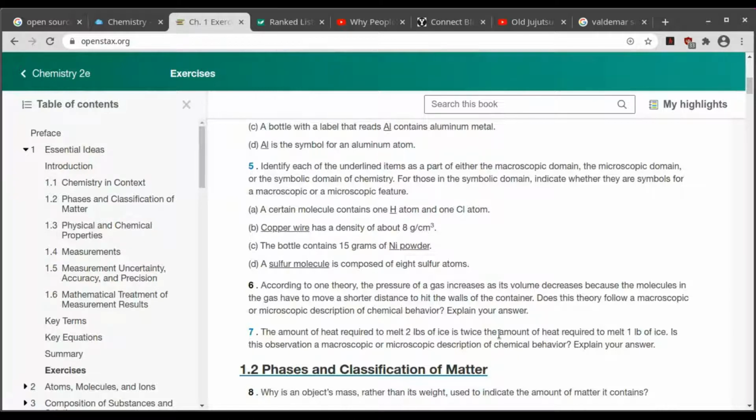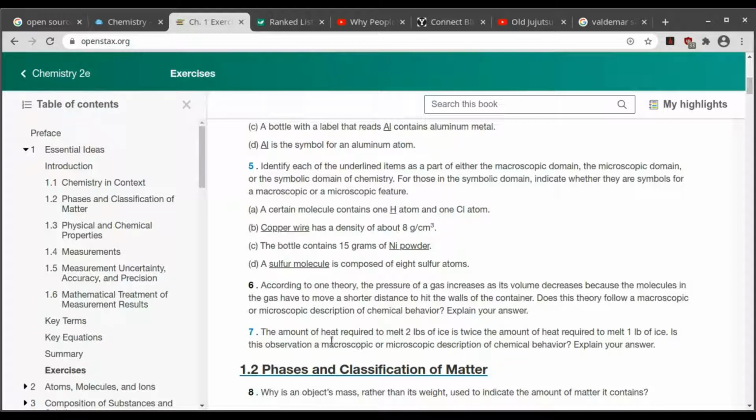This is something that you can observe in the real world. You don't need a microscope or anything to observe this. You have 2 pounds of ice, and how much heat. So this would be macroscopic. So let's see the answer, number 7, macroscopic. Right. Determined from macroscopic properties.